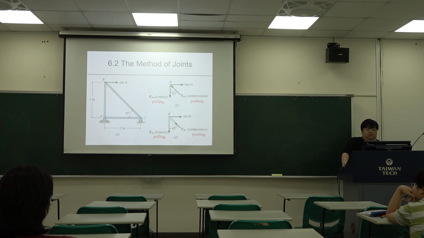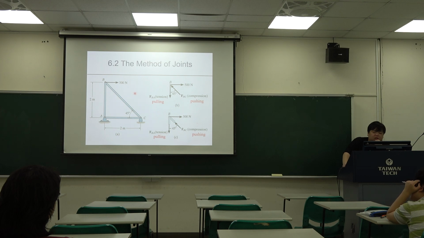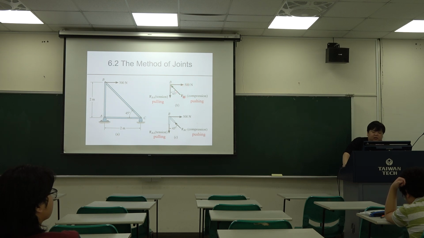Okay. So like this triangular truss, at point B we apply a force, and there are also two reactions from the trusses, like these two trusses. So we can draw the free body diagram of point B. We have this force, and the reaction FBC.